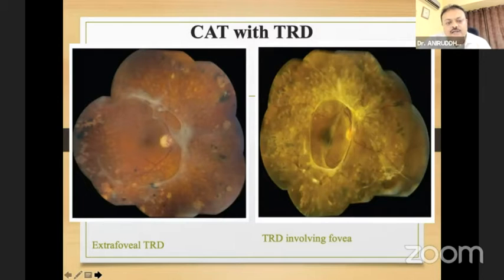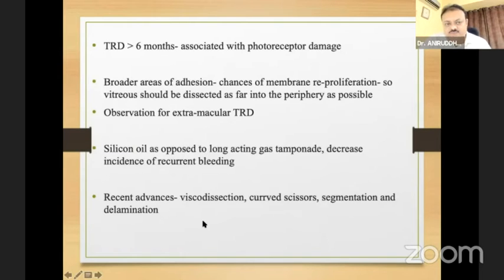The third scenario is the cataract with tractional retinal detachment, which might be extrafoveal or might involve the fovea. As we know, a TRD, if it is there for 6 months, might be associated with photoreceptor damage. With broader areas of adhesion, there is a chance of membrane reproliferation, so the vitreous should be dissected as far as possible. We can observe the extramacular TRD, and silicone oil, as opposed to long-acting gas, decreases the incidence of recurrent bleeding.